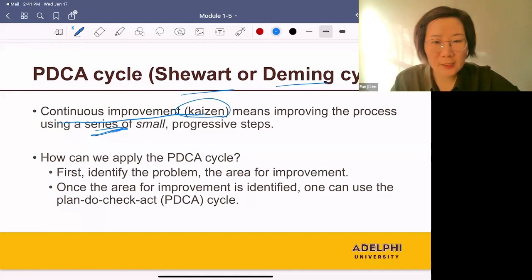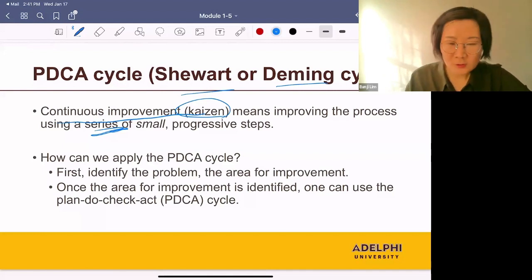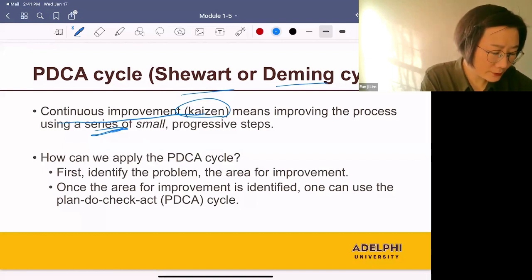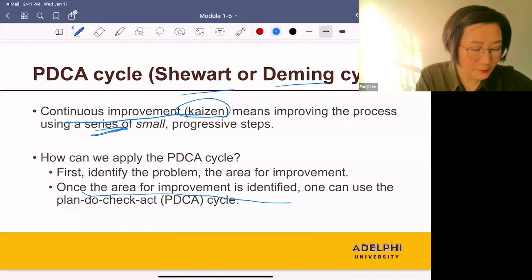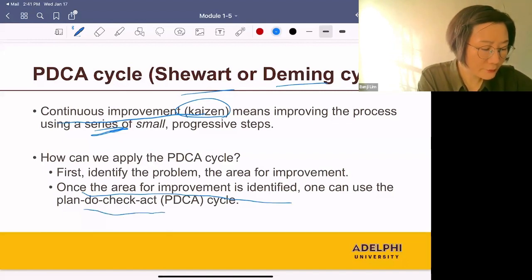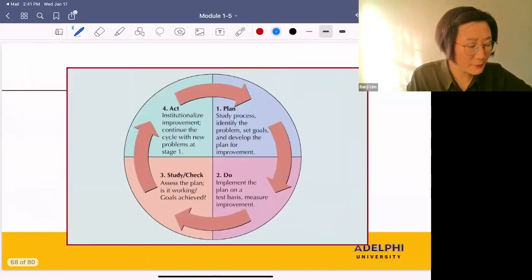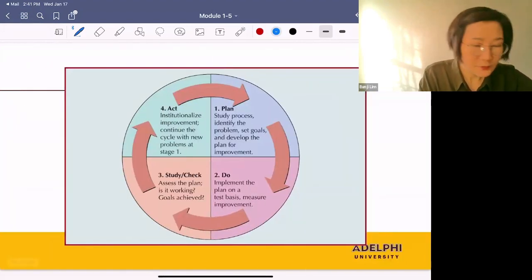So how can we apply the PDCA cycle? First, we identify the problem, the area for improvement, and once you find the area for improvement, you can use the plan, do, check, and act cycle. This is the PDCA cycle. The first thing you need to do is plan.